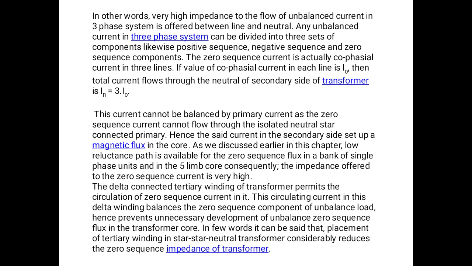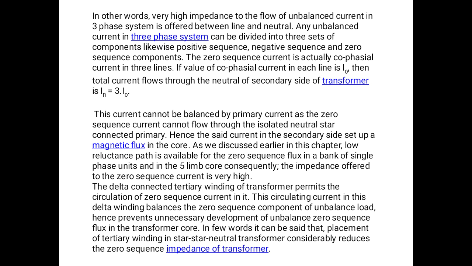As we discussed earlier in this chapter, a low reluctance path is available for zero sequence flux in a bank of single phase units and in a 5-limb core.